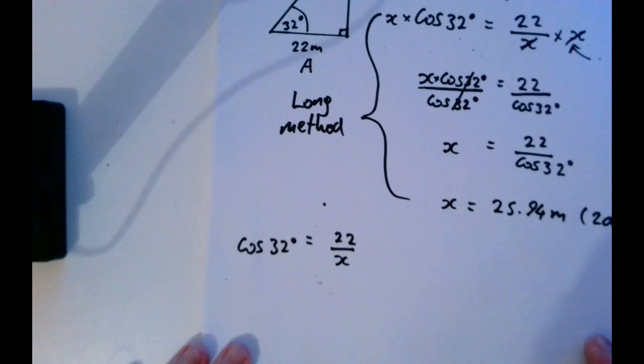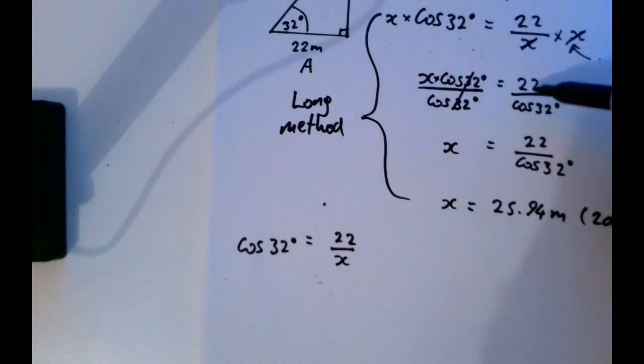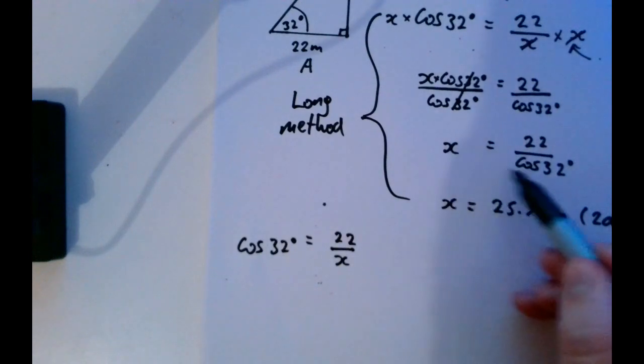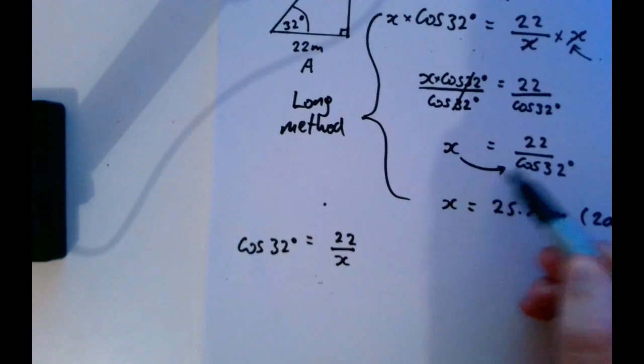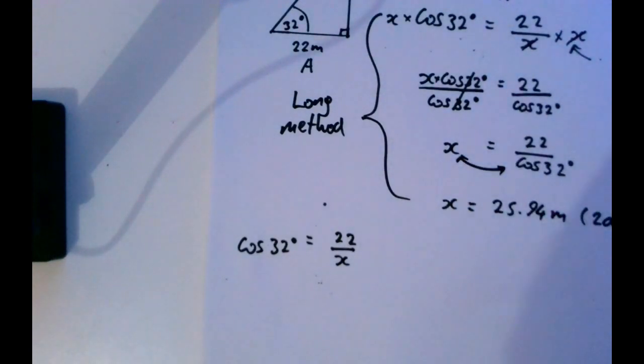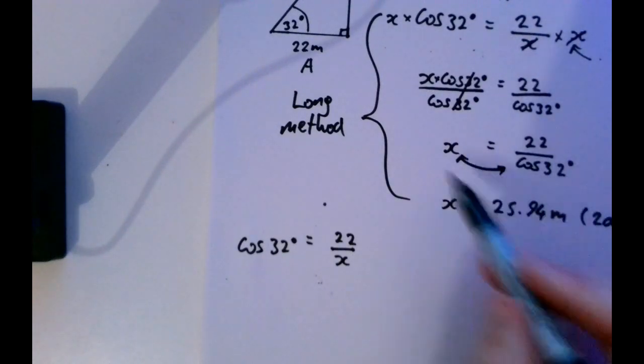However, once we move throughout this equation, eventually the x and the cos of 32 switched places, didn't they? So what you can do when you're solving a trigonometric ratio question with a variable in the denominator, once you've established this equation, is take all of this stuff out in the middle and jump to the answer.